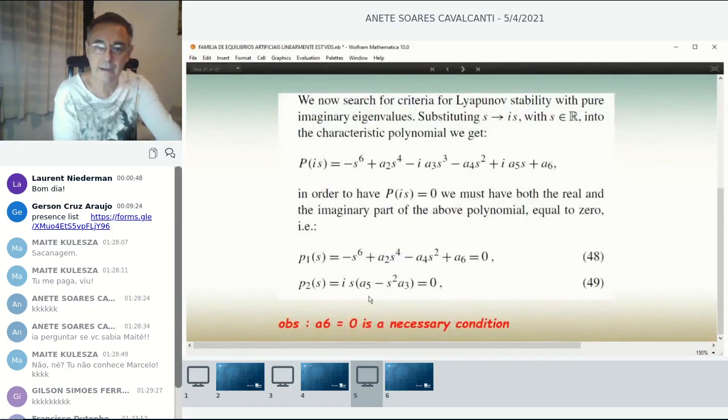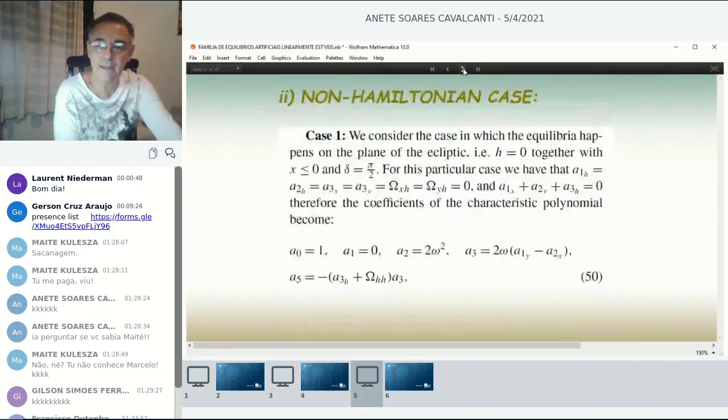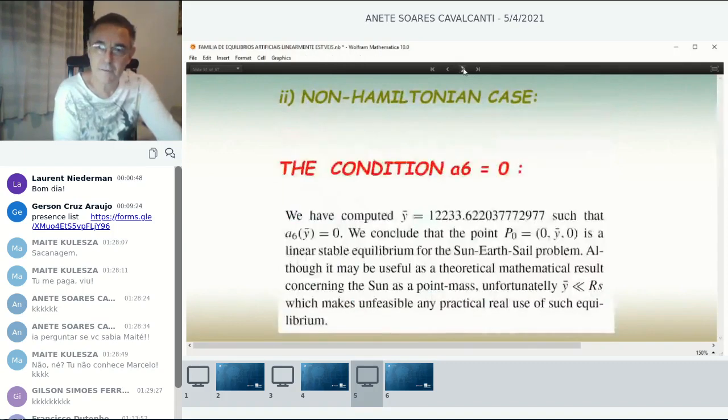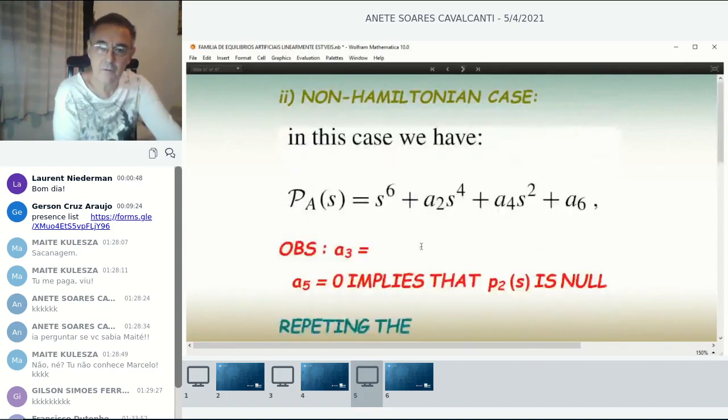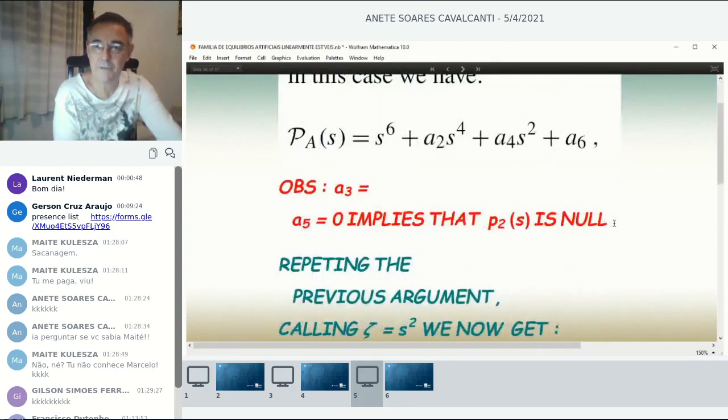So R5 and R3 are equal to 0 in that second case. So this polynomial is always 0. And we end up with only this polynomial P1 given by equation 48, which I think I have changed the name and called the polynomial PA here. This PA is actually P1, all right?